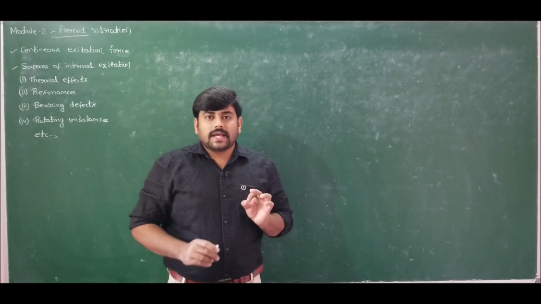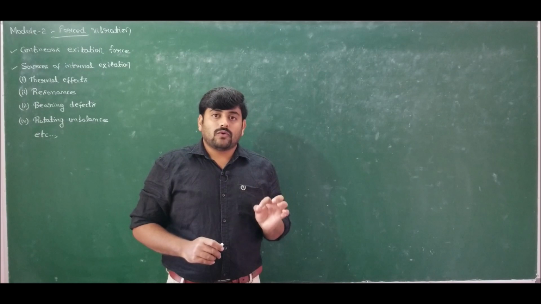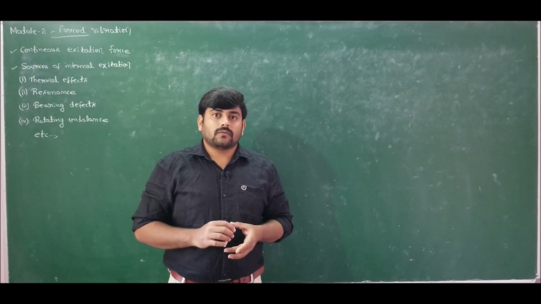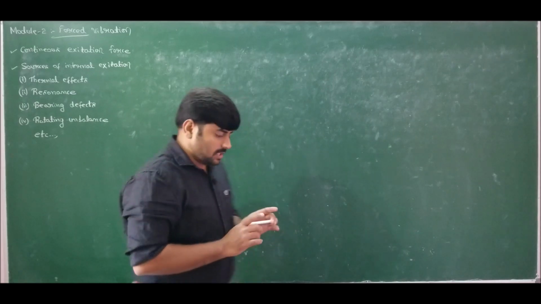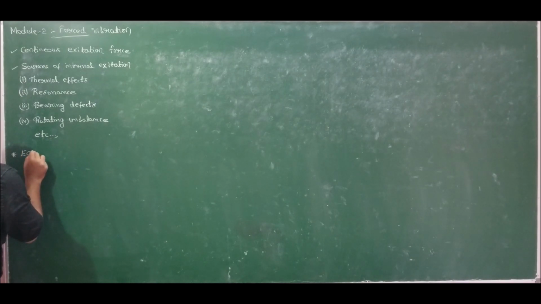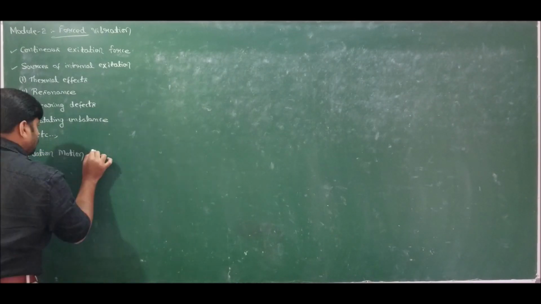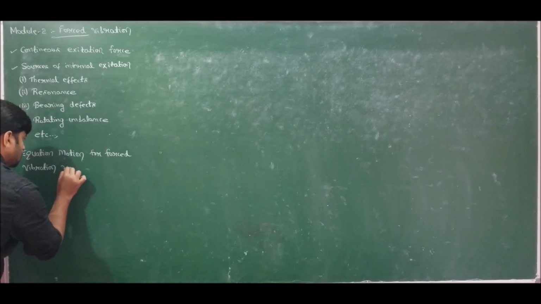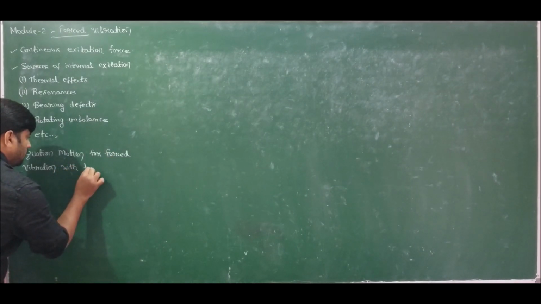Now let us derive the equation of motion for forced vibration with harmonic excitation, and also let us observe what the system response is. That is, today's topic is equation of motion for forced vibration with harmonic excitation.